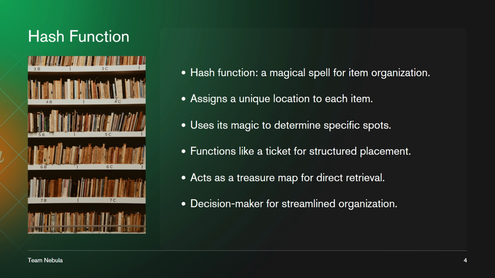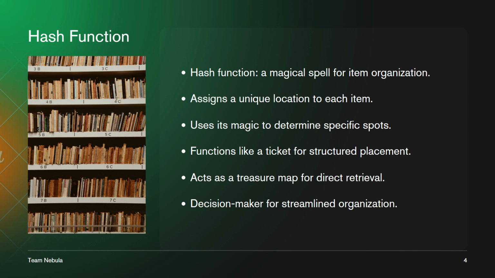The magical function takes a book or any piece of our data and uses its special powers to figure out exactly which shelf it should go on. It's like giving each book a ticket that tells it, hey, you belong to shelf number 5. And the beauty of this is that whenever you need to find a book, you just use the same magic spell, which is the hash function, to figure out where it is.